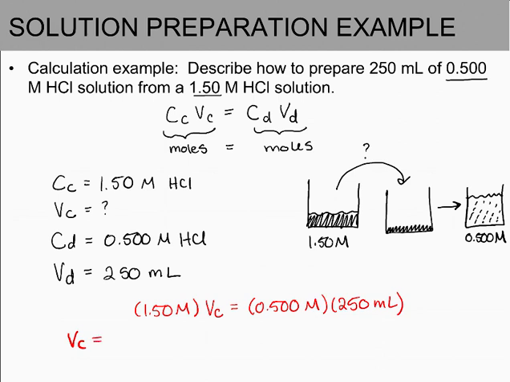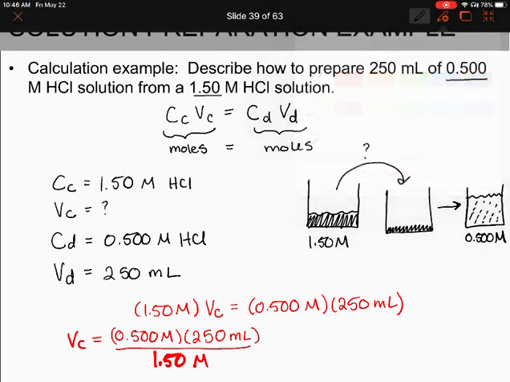So let's rearrange this equation to solve for VC. So VC would be equal to 0.5 moles per liter times 250 milliliters all over 1.5 moles per liter. So now this is where units are going to cancel. So the molarity unit will cancel and leave us with milliliters.